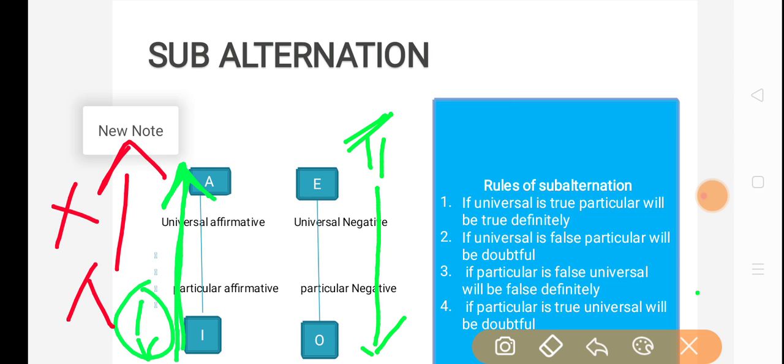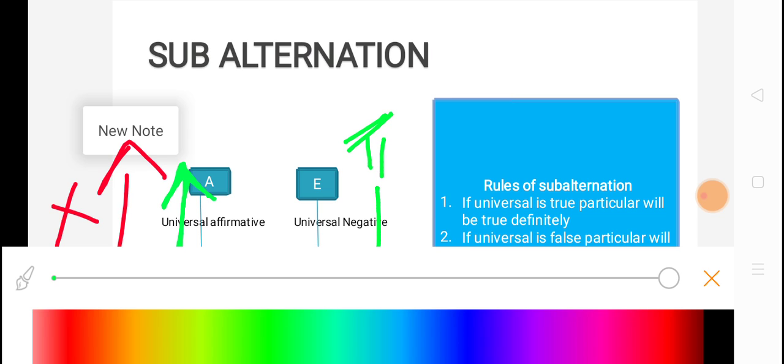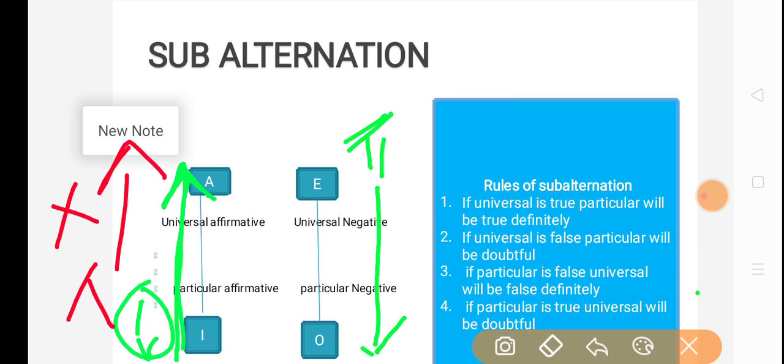And also one more thing: if the universal statement is false, it will not move downward also. These are the basic concepts of the square of opposition.